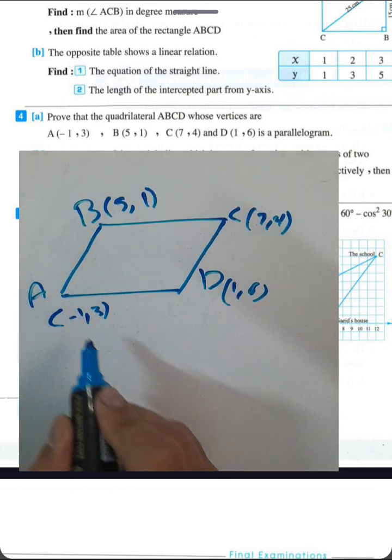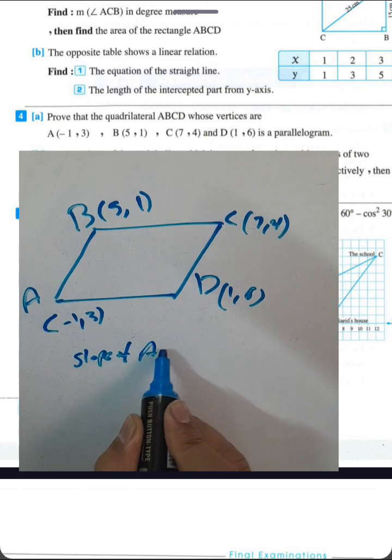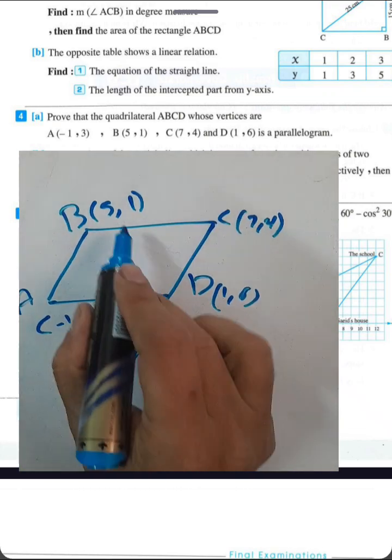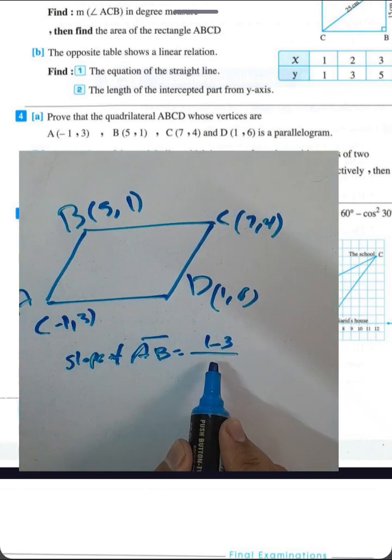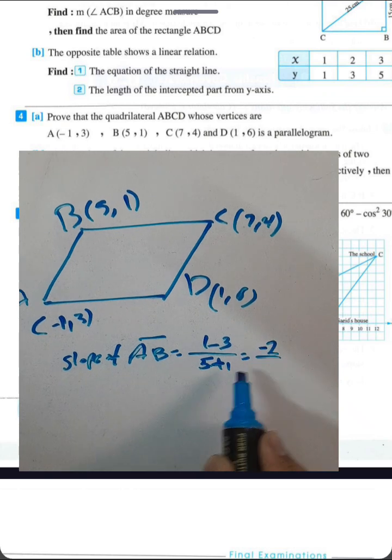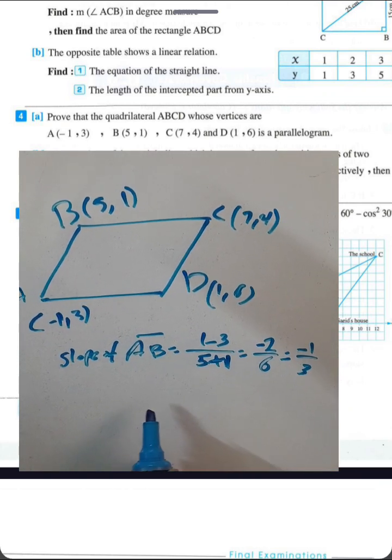We can find the slope of AB: 1 minus 3 over 5 plus 1, it will be negative 2 over 6, the result will be negative a third.